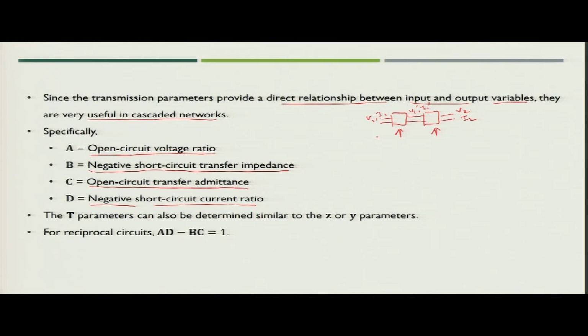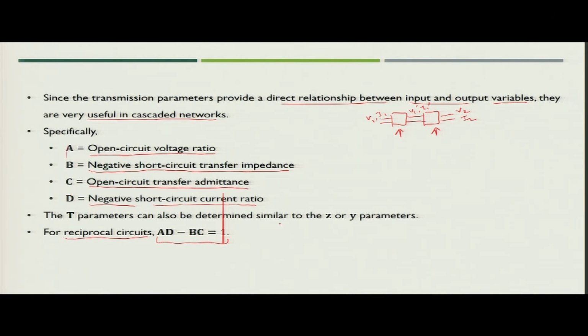One of the important properties in case of ABCD parameters is that if you want to see whether a particular two port network is reciprocal or not, you need to find out with the help of this condition. So, if AD minus BC equals 1, we will say that the circuit is reciprocal. Now, how will we determine the values of ABCD?